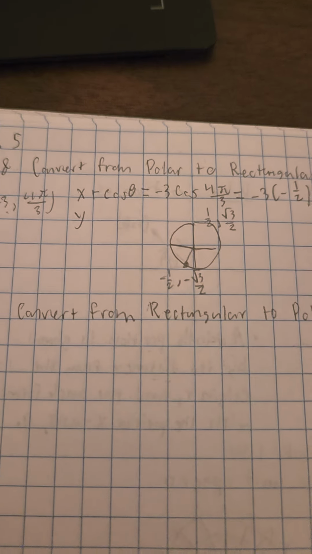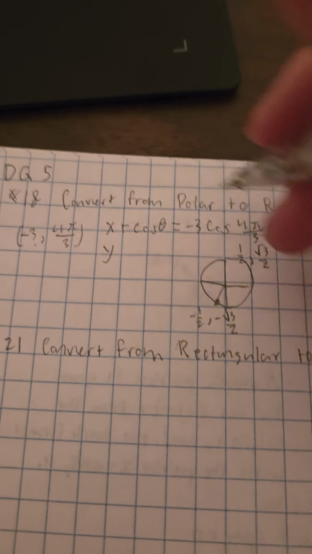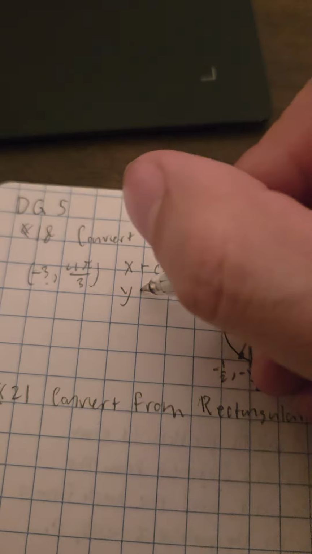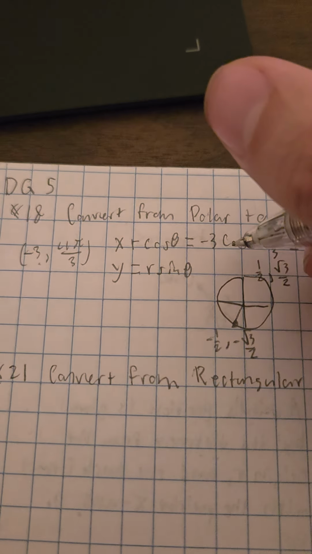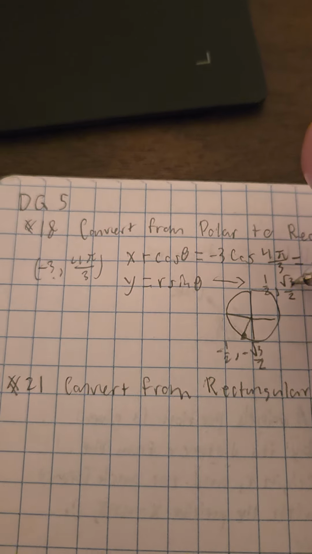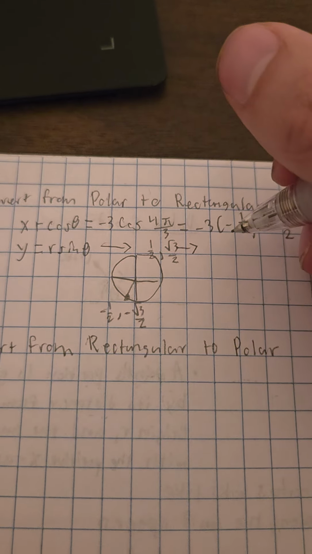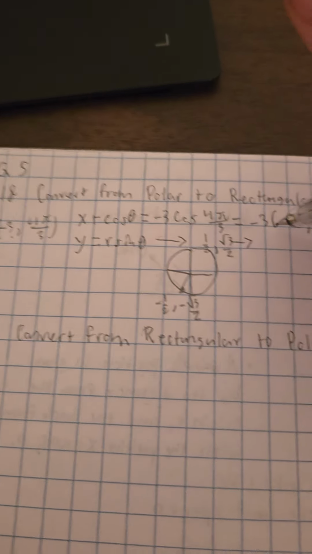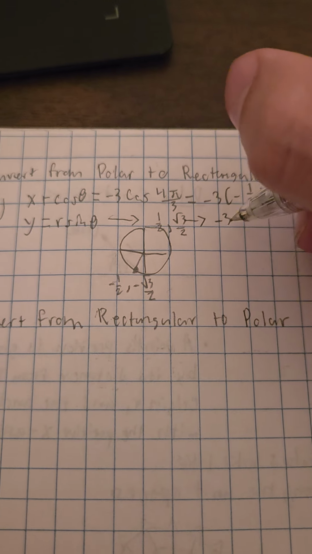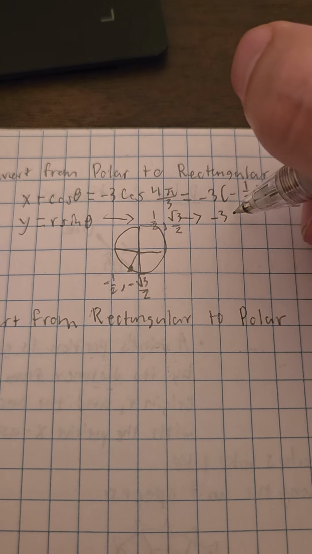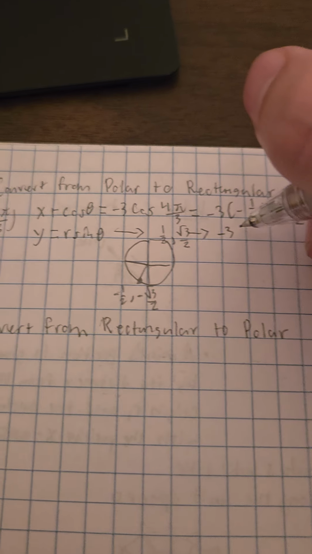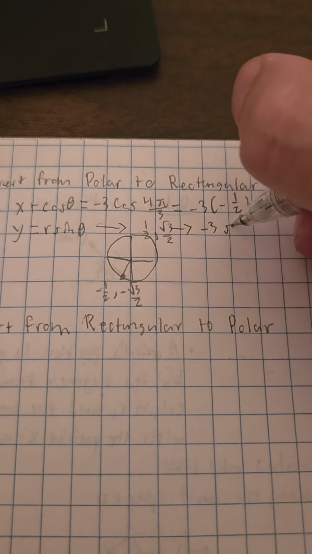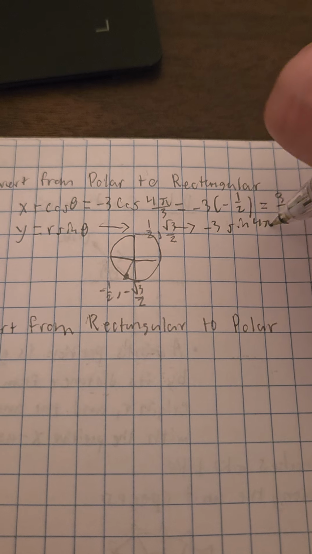So for our y value, y is equal to r sine theta, right? So r is still the magnitude, which is negative 3. So we'll write negative 3, and we'll put in our angle, our theta, which is 4 pi over 3, sine 4 pi over 3.